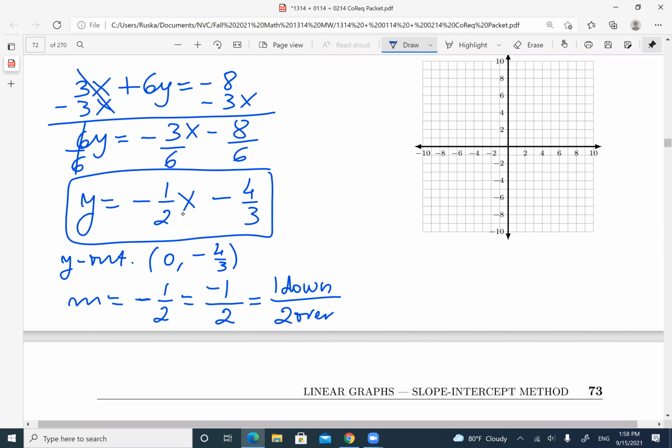So we're going to start with negative 4 over 3. Negative 4 over 3 is negative 1 point something, so it's going to be somewhere around here. The scale is really small, so you can just put it exactly at negative 4/3. And then from here, we're going to go 1 down and then 2 over. So it's going to be around here. And then connect those 2 points and draw a straight line.